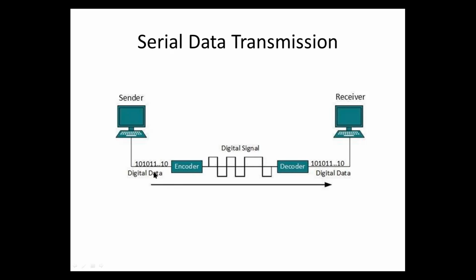And the way it'll work is that there'll be an agreed-to mode that's being used in this data transfer. So the sender will have an encoder that'll take this string of digital data and convert it into a format that is known by the receiver that has a matched decoder. So you can take the digital data, encode it, transmit it over the medium, and that medium could be a wireless network, or Wi-Fi type network.